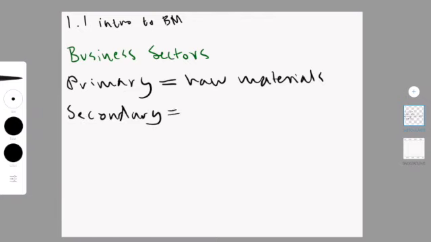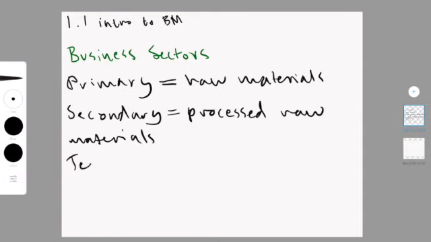So primary sector, those are raw materials. If you have a business that does cattle farming, to get milk and stuff like that, that's raw materials. Secondary sector would be processing raw materials. So this is anything that you produce, manufacture.